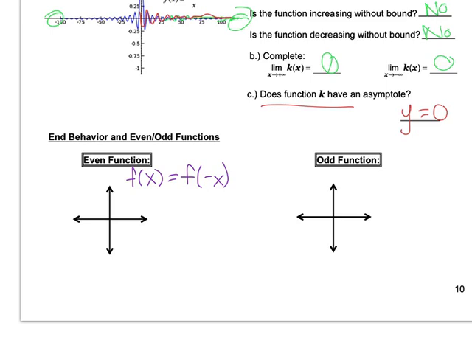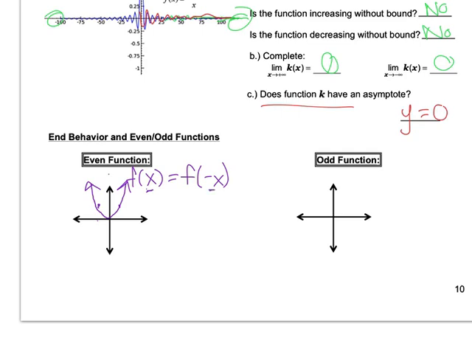Meaning if I plotted a point for positive 2 and it was right there, then the point for negative 2 would be exactly the same. So great examples of even functions would be a parabola centered at 0, 0. So even functions are symmetric about that y-axis, and the y values for any x value are the same as the negative x value.